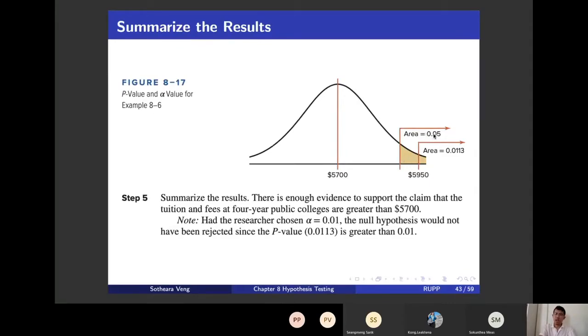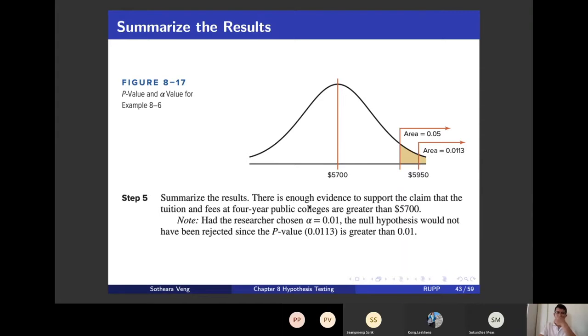Your significance level is 0.05, and this is the t-test, the test value, and the corresponding p-value is 0.0113, the area under the curve to the right of this test value. So how to summarize the result?